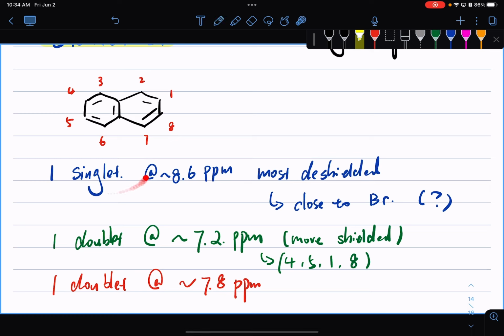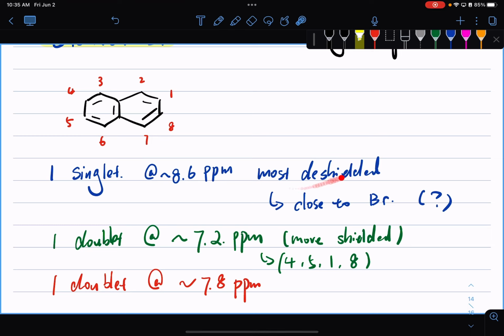So that boils down to my 2 other peaks, the blue one and also the red one. Now the blue one is the most deshielded. So chances are this is either my 2, 3, 6, 7, one of those. And it also gives out more information. First of all, it is a singlet, which means it doesn't have any neighboring hydrogens around it.